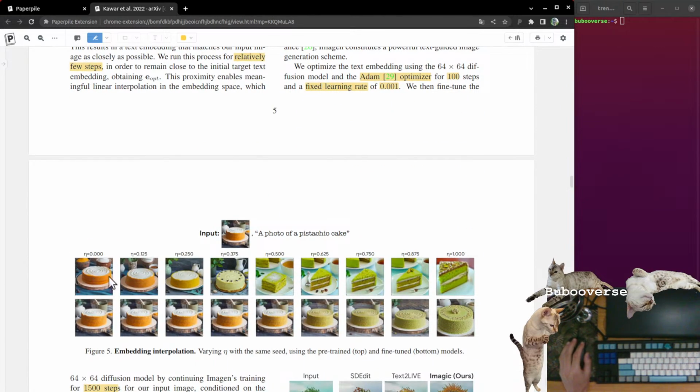So they're interpolating in that embedding space, but then they're showing you what the image is corresponding to that, or conditioned on that. And you can see as you interpolate between the optimized version and the original version, it slowly turns. And they say they're using something between 0.6 and 0.8, so right here is kind of the sweet spot.